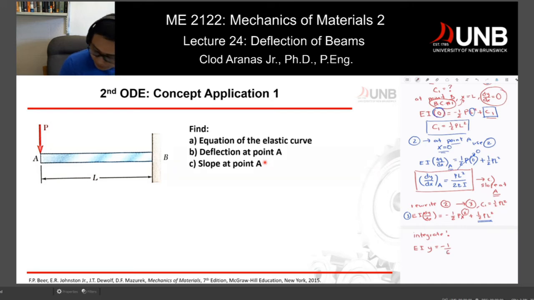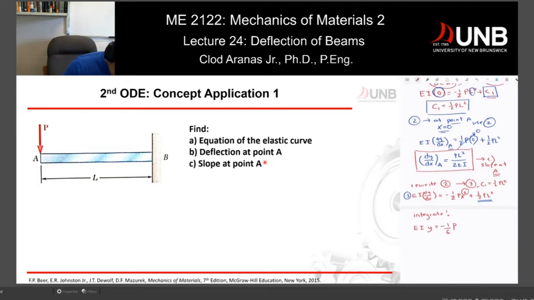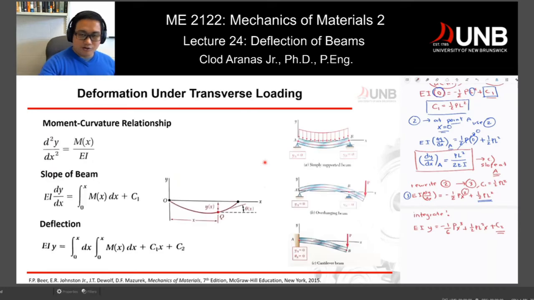That's negative 1 over 6 px raised to 3, plus now this becomes 1/2 pl squared times x, plus C2. Now your C2 is unknown for this equation. You go back again to your boundary condition.